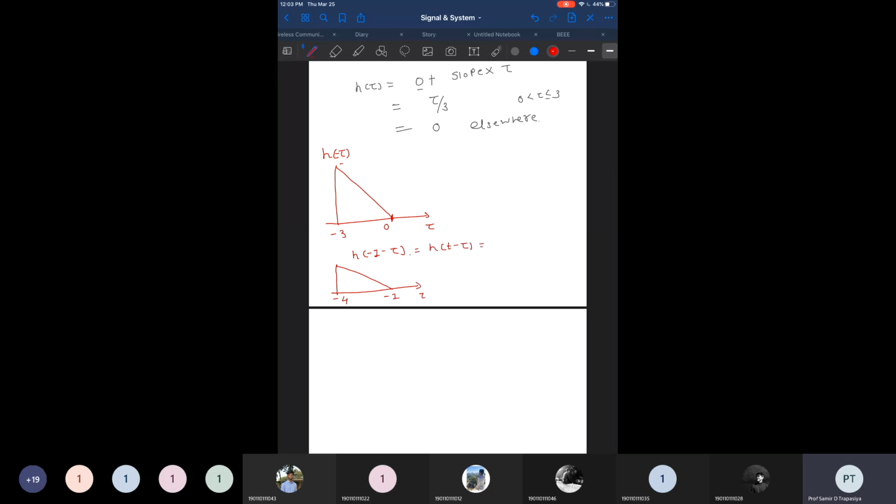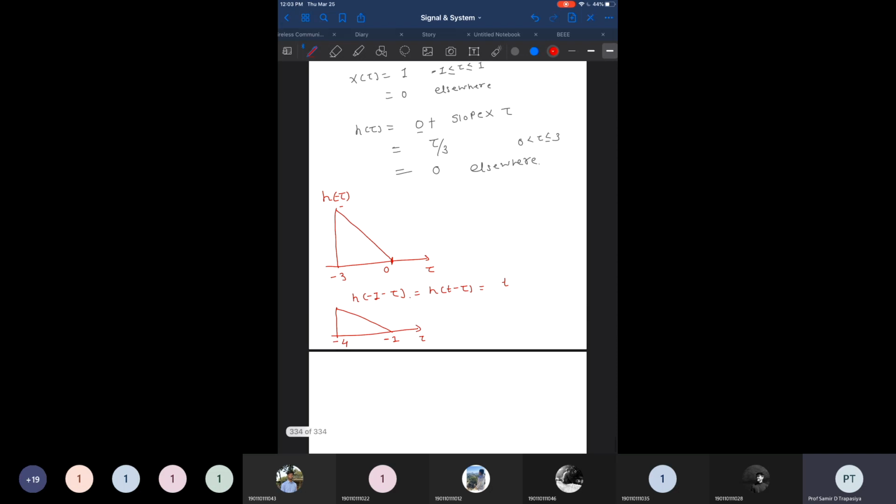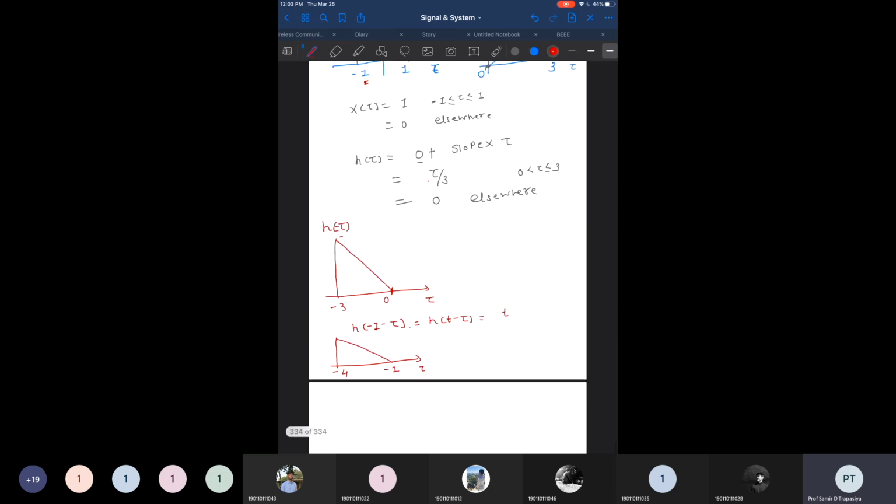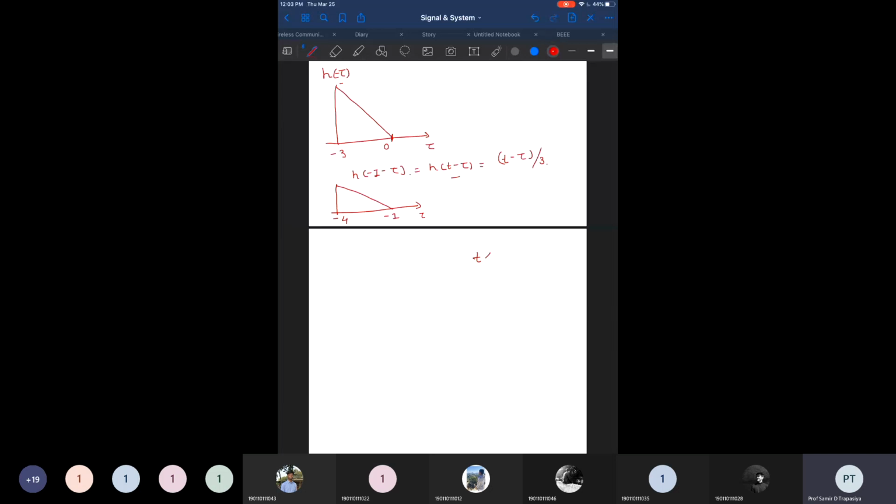So this function of tau by 3 is also going to change. It also becomes h of tau equal to tau by 3, but here if you put h of t minus tau, this tau by 3 is also changing to t minus tau by 3. So initially, if our t is less than -1, how much shifting have we applied to the left side? -1.